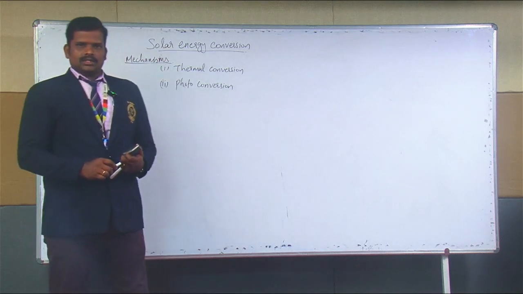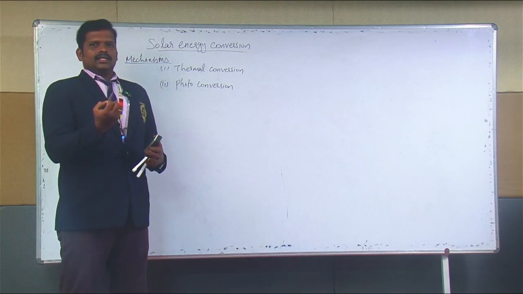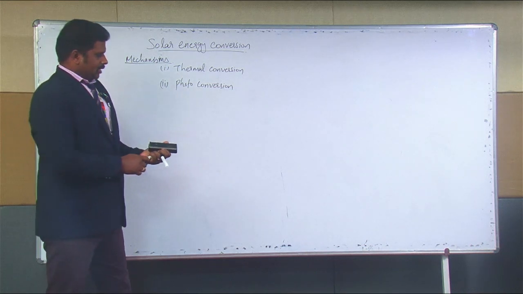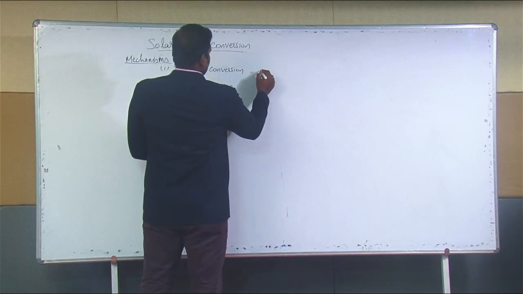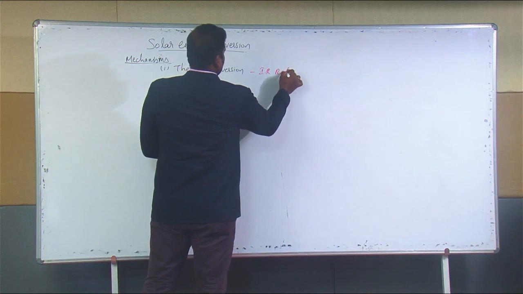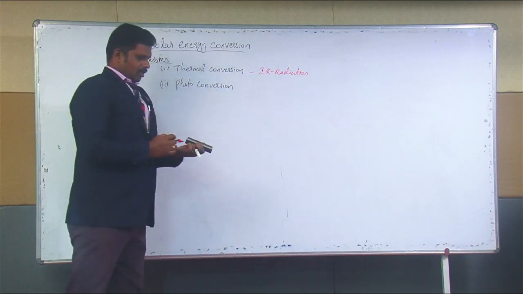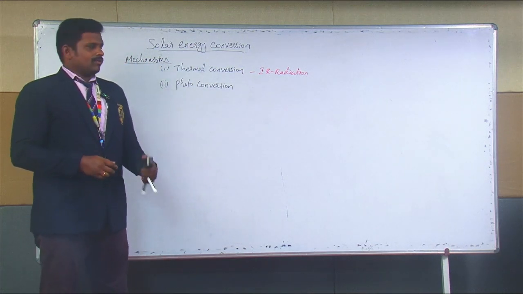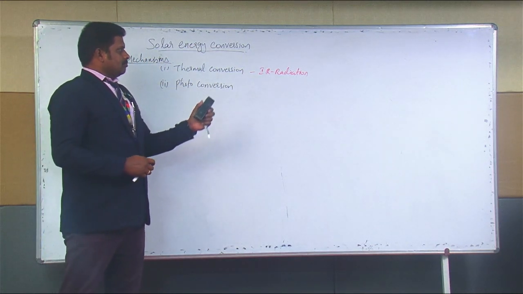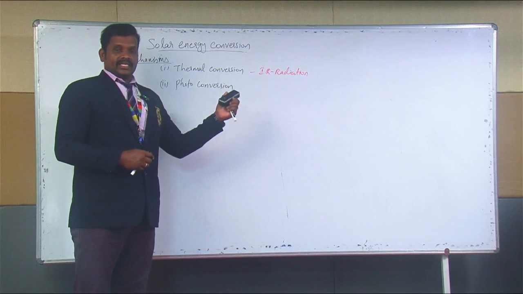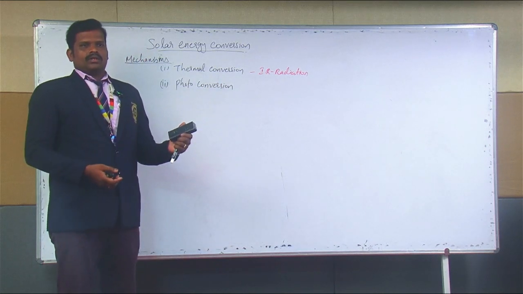Thermal conversion is nothing but the process of absorbing heat energy in the form of IR radiation. By using that IR radiation, that means heat energy, we can convert it into useful energy.